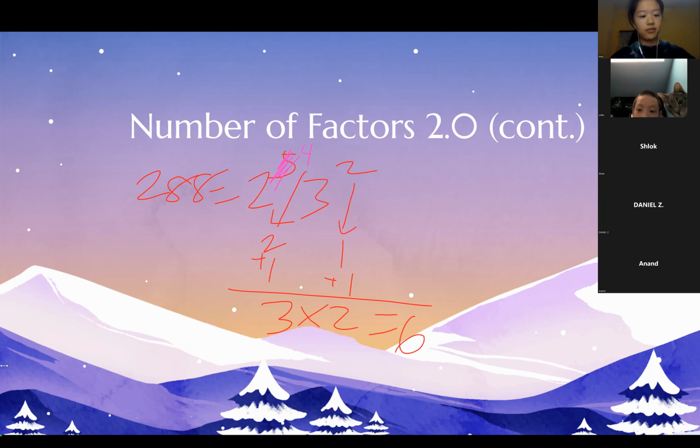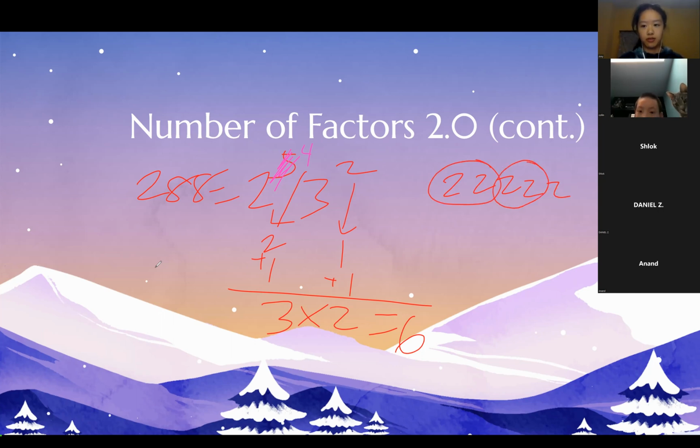Why did I turn the 5 into 4? You have to turn it into 4 because in a perfect square, all the exponents in the prime factorization have to be even. Think about it this way: if you have five 2s, to make a perfect square you pair them up, but since it's odd, there's one left over.